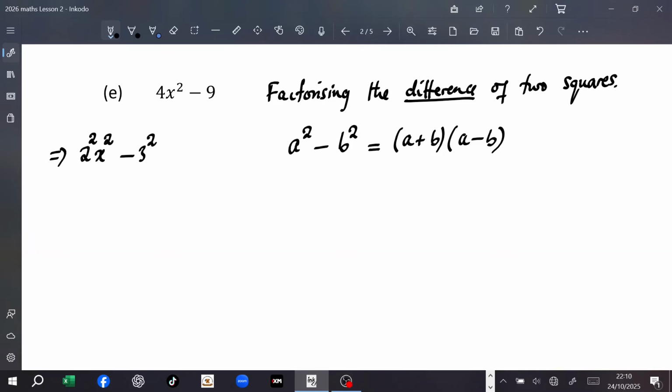So you have seen the hidden part that I told you. Now, let me factorize it. You pick this, since both are squared here, 2 squared and x squared minus 3 squared.